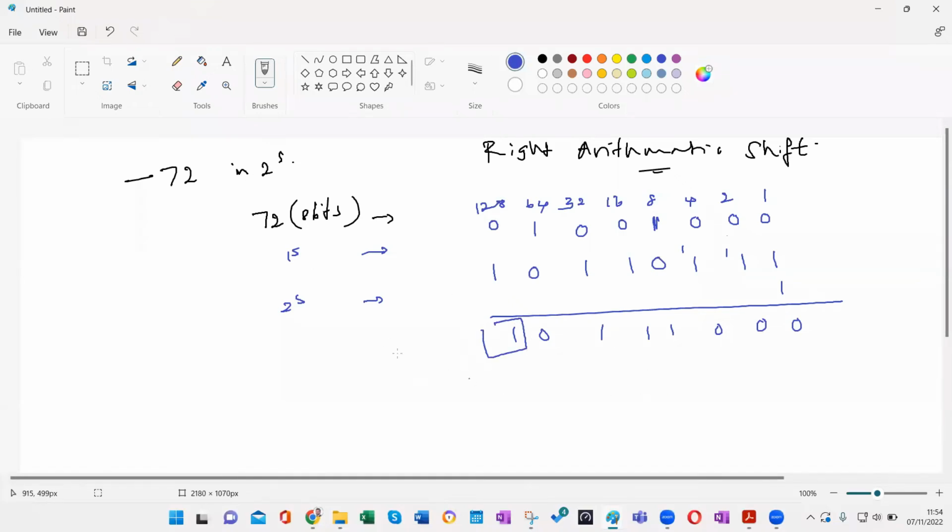Okay, now we are going to shift this. This is minus 72 in 2's complement. Now we are going to do a right arithmetic shift.